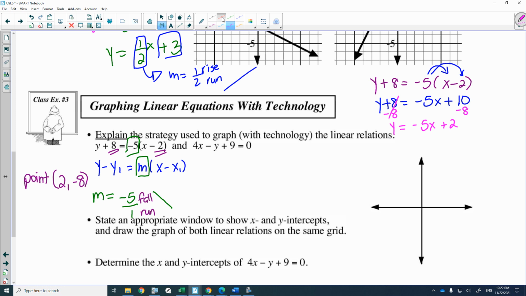So what you hopefully are seeing is you got the exact same slope of negative 5 over 1. And then here's your point, right? If you couldn't pick the point out from the other one, your point is now the y-intercept of 2. So the point would be x is 0, y is 2.